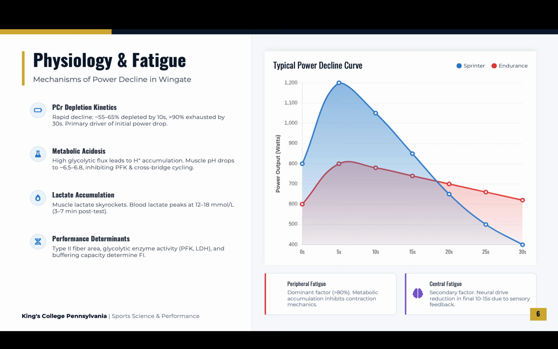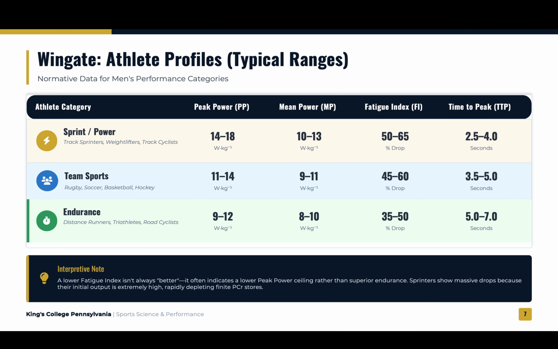Here, it is mostly peripheral fatigue, more than 80%, the dominant factor, which is the metabolic accumulation that inhibits contraction mechanics. Central fatigue is mostly a secondary factor, because the neural drive reduces in the final 10 to 15 seconds due to sensory feedback.